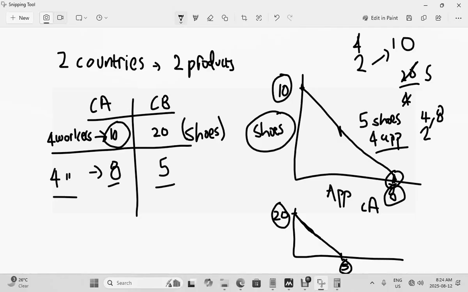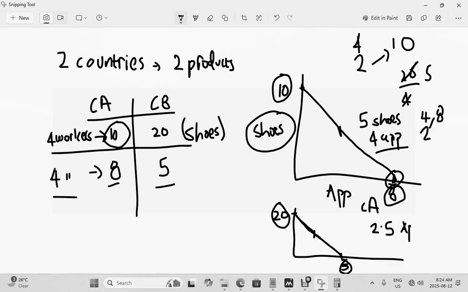All right, now for country B, again, they decide to produce both shoes and appliances. So in this case, you will have 2.5 appliances and 10 shoes.